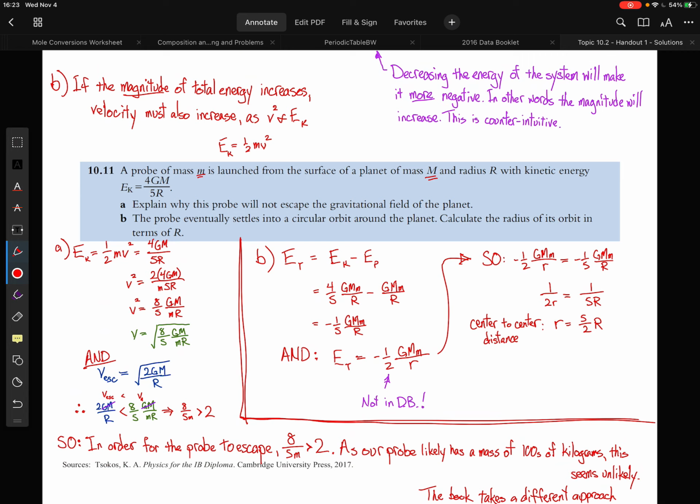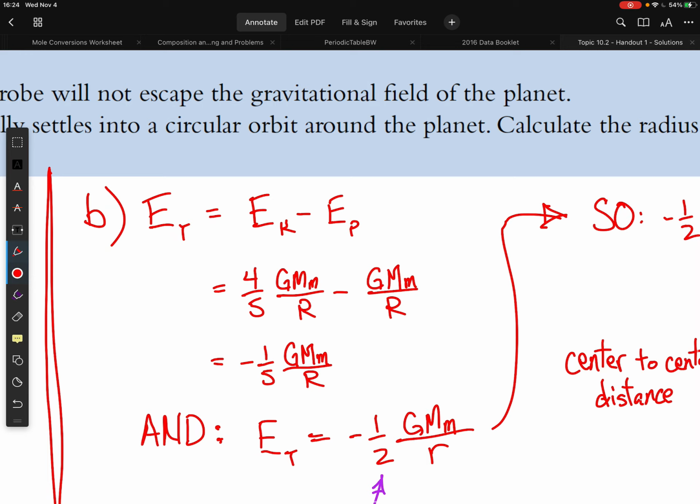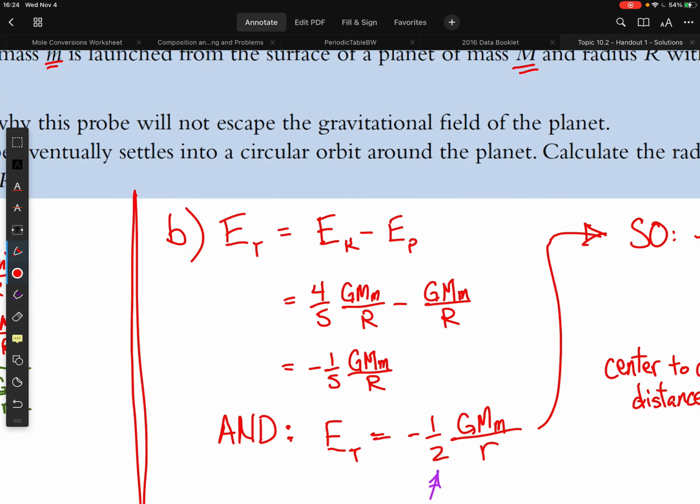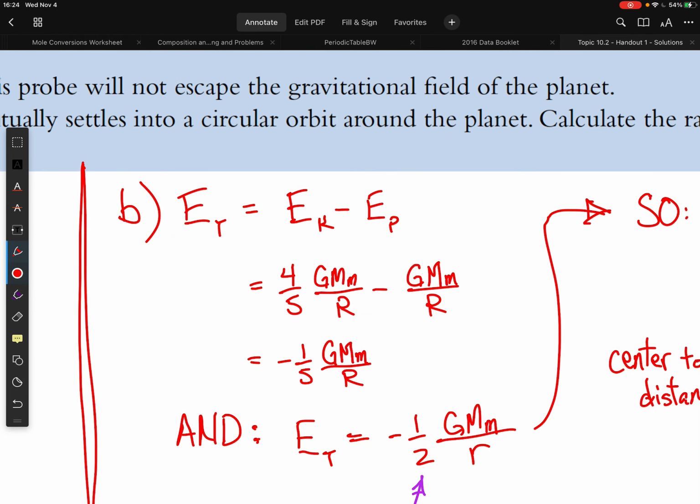Part B: the probe eventually settles into a circular orbit around the planet. Calculate the radius of its orbit in terms of r. First, we set up our equation where total energy is equal to kinetic energy minus potential energy, and we plug in the values that we have been given, where we have 4/5 times the gravitational constant times the mass of the large body times the mass of the small body divided by the radius.